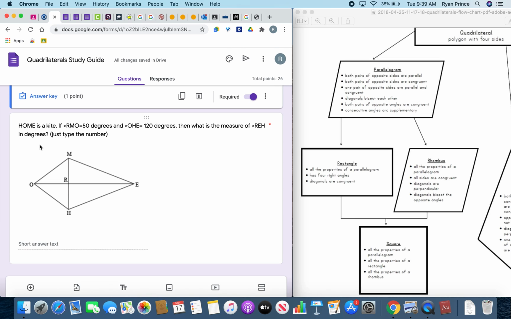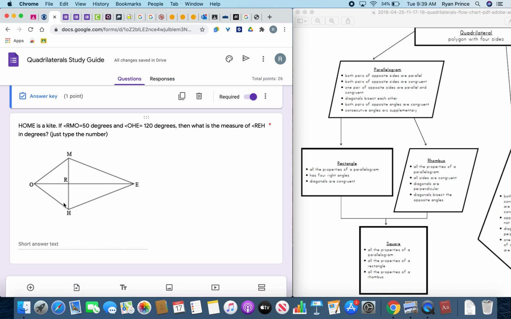And then last one here says we got the kite, RMO is 50 degrees. Then it also says OHE is 120 degrees. So this is 120 degrees, this whole angle here. And wants to know REH. So we got to think a little bit about this. If this whole angle's 120 degrees, but this angle's 50, well, this angle's 50 as well. So what that does, it allows us to find out what just this part is, because this whole angle's 120.